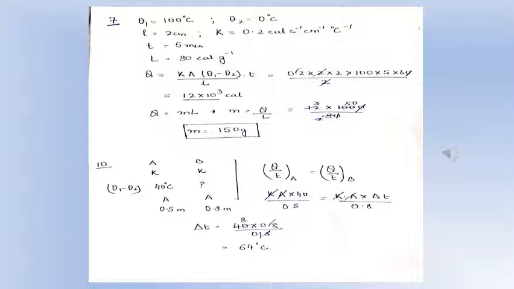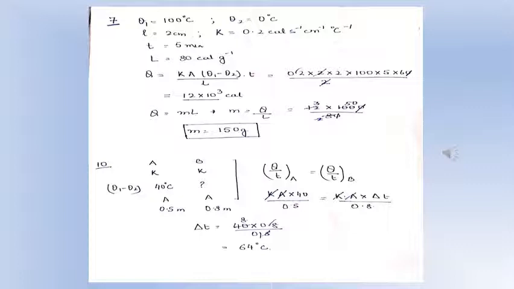Two rods of same metal and same area of cross sections have lengths 0.5 and 0.8 centimeters. The temperature difference across the ends of the first rod is given as 40 degrees Celsius, and we have to calculate the temperature difference for the second rod if the rate of conduction is equal in both the rods.